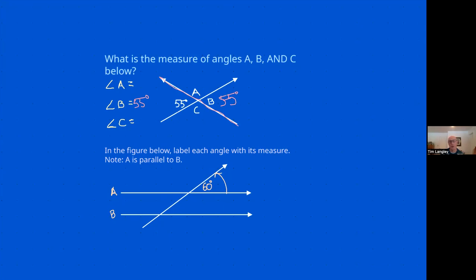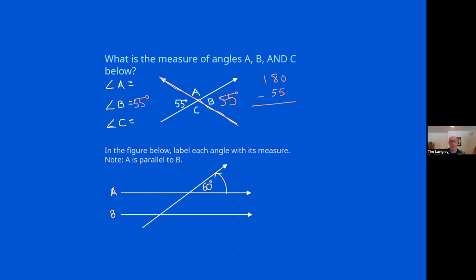Okay, how do we figure out what A is? Those two are what to each other? Are they complementary or are they supplementary? They're supplementary because they add up to 180. So the math would be 180 minus 55, okay? And for the sake of time, so I make my video shorter, I'm just going to skip doing the math and move on real fast.